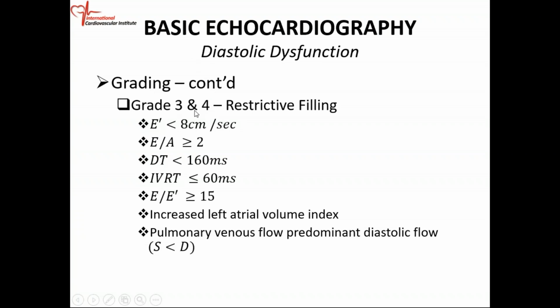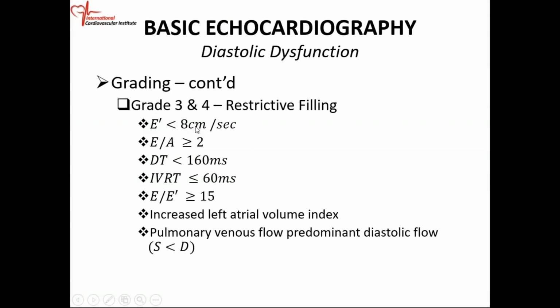So when we talk about grade 3, these are very sick patients. They have diastolic dysfunction, very sick. The first thing that you're going to see when you look at your mitral inflow and do your E to A ratio is that it's going to be greater than 2. And then the next thing to do is look at your E prime.